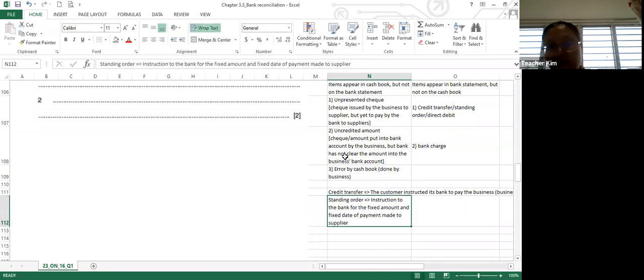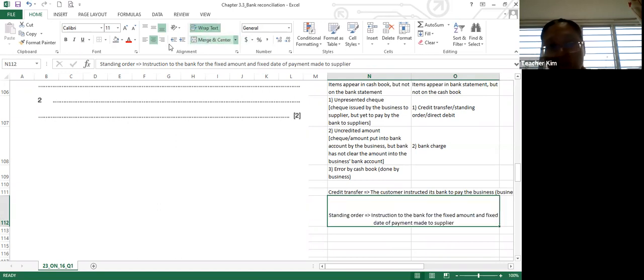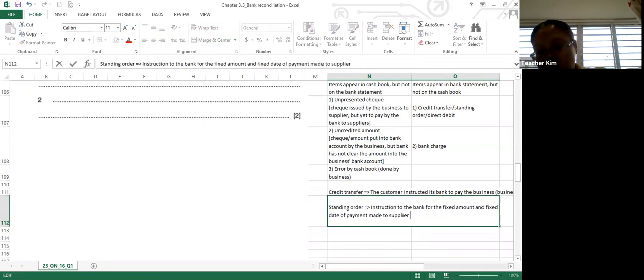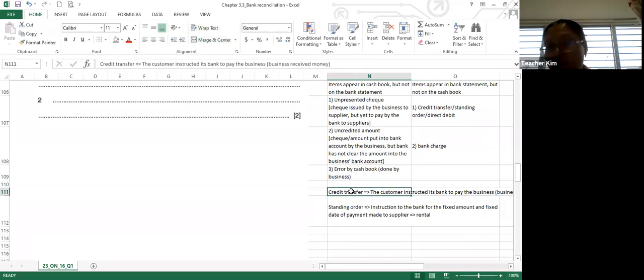So this type of expense is normally suitable for, for example, the rental, because when we incur rental, the rental is a fixed amount. So every month, we just get the bank to do auto deduction from our account and then give it to the owner for the rental. So this is one that happens quite often in the business.